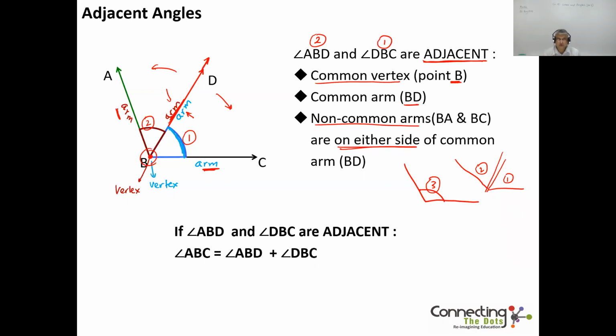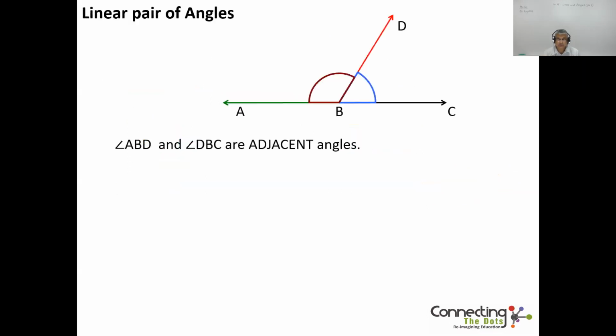Let me show you now how we are going to use this. So now, let's take a pair of adjacent angles. Now I have taken a pair of adjacent angles, which means they have a common arm here. This is the common arm, BD. They have a common vertex B, and the non-common arms are on the opposite sides of the common arm.